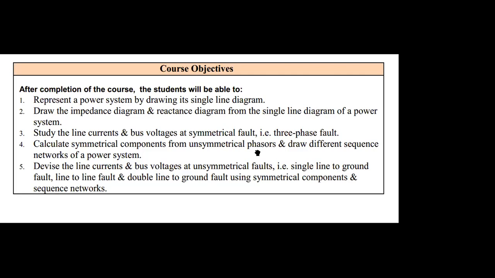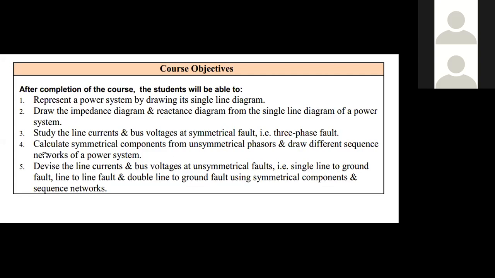You have ABC current, unsymmetrical phasor quantity, and draw different sequence networks, which are positive, negative and zero sequence networks for the power system. Devise the line current and bus voltage in unsymmetrical faults, single line to ground fault, line to line fault and double line to ground fault, using symmetrical components and sequence networks.